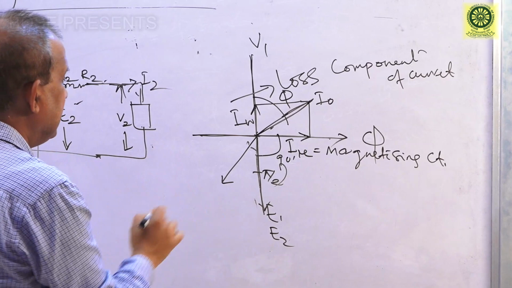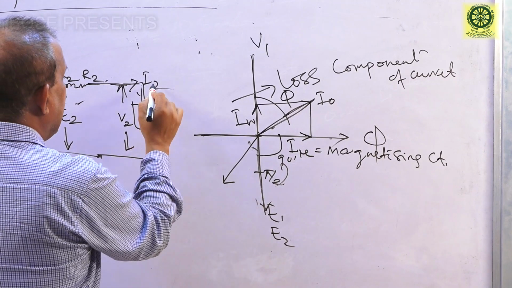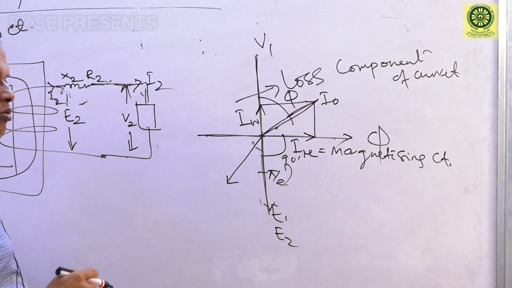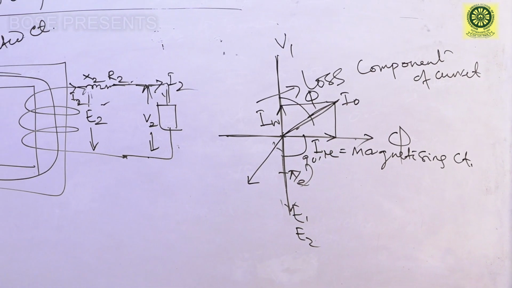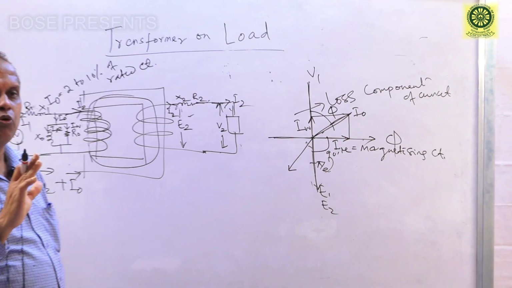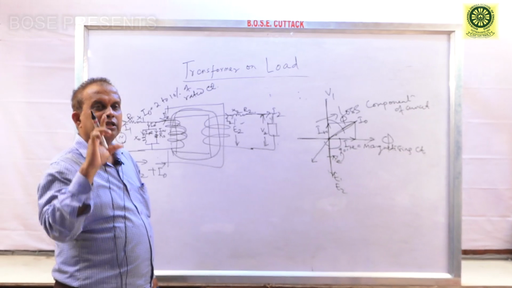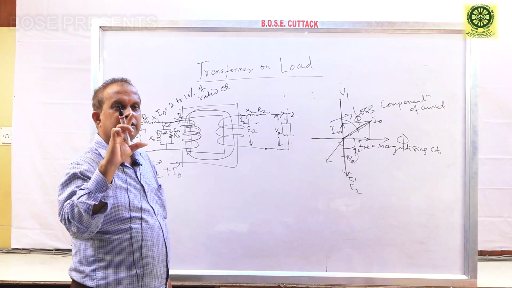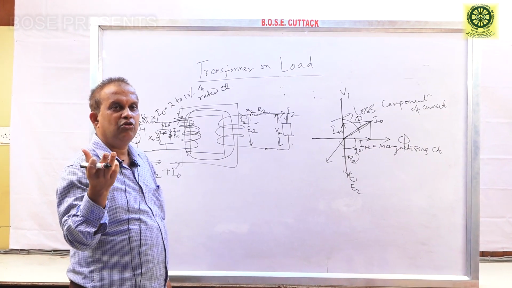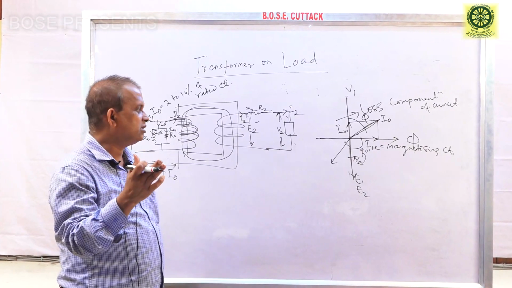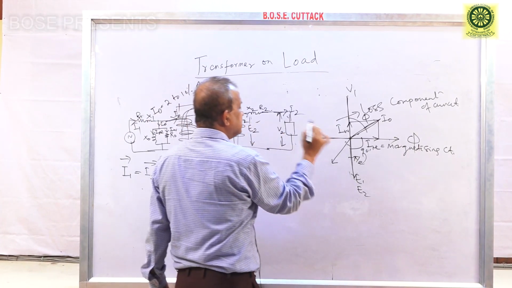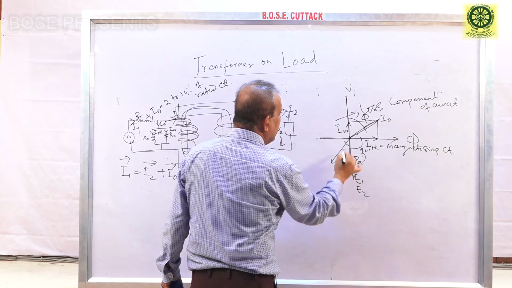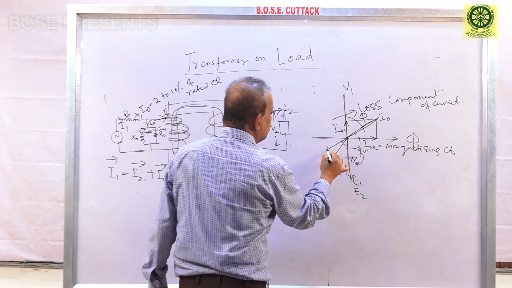The current I2 will lag behind the voltage V2, because we know from the fundamentals of AC flowing through an inductive load that the voltage leads the current by some angle depending upon the value of inductance and resistance. So here also in this circuit, this is V2 and this is I2.